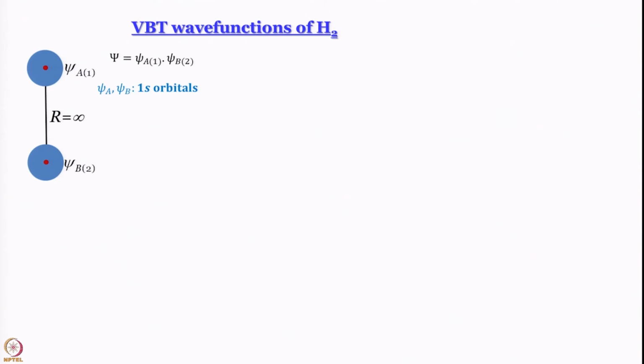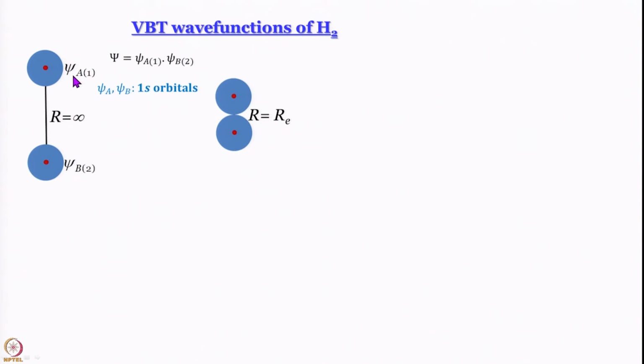Okay. So, this is what it is when they are very far apart. Electron number 1 is blissfully ignorant about the presence of nucleus B, and electron number 2 is happily ignorant of the presence of nucleus A.